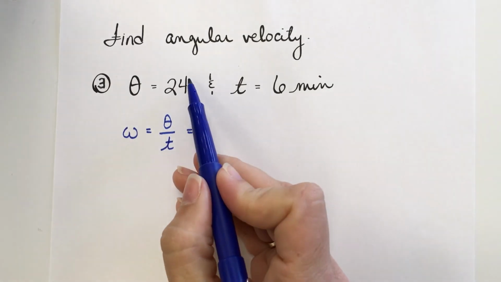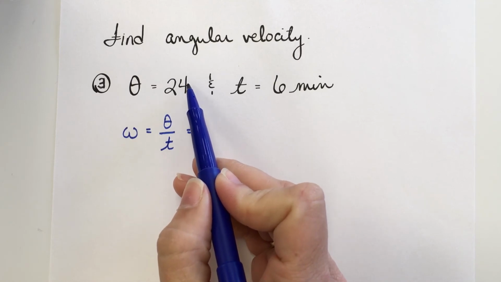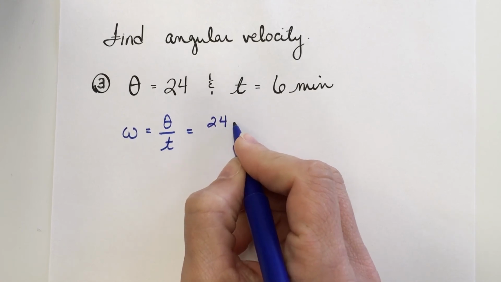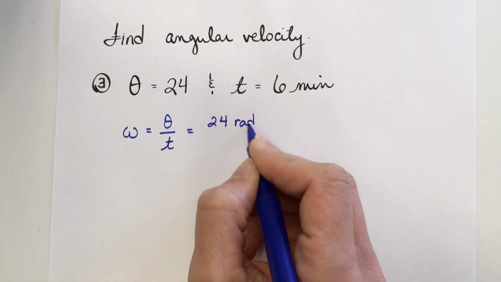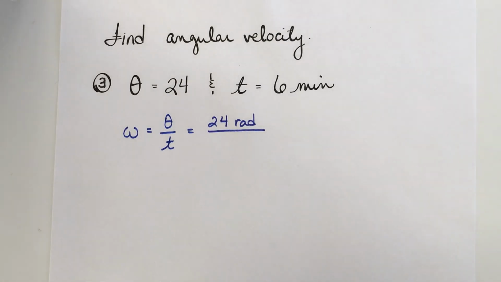Now, since there's not a degree symbol on the 24, that means it is understood to be in radians. Therefore, you can substitute in the 24. There's nothing you have to change there. And I'm going to go ahead and put the RAD there to stand for radians, because we have to be aware of our units, what we're dealing with there.